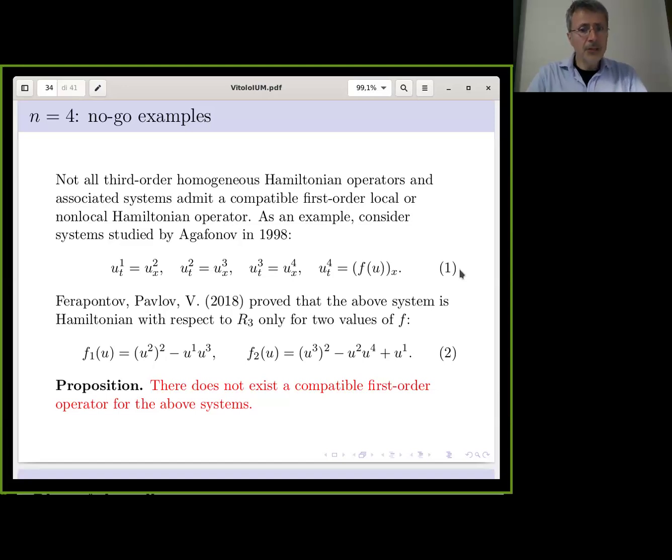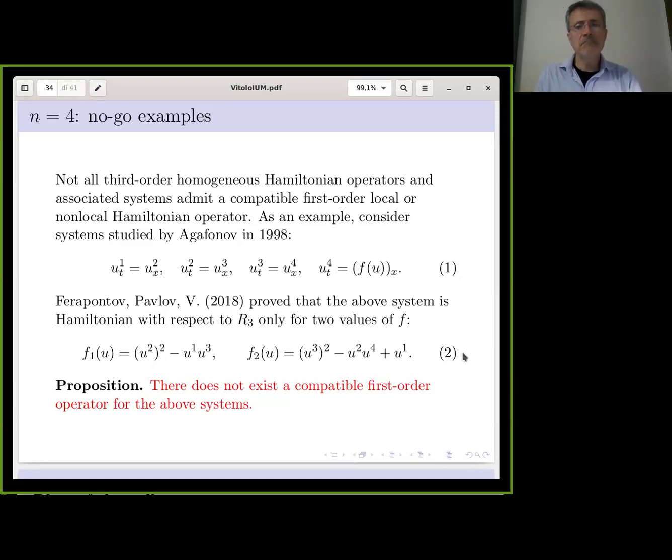they admit a third-order operator, for the functions in displayed equation number 2, the 2 functions f1 and f2, and we can prove that none of these cases admit a compatible first-order operator, and we do not even know if such systems are integrable, and indeed they fail a test about the number of conserved quantities that they should have in order to be integrable.